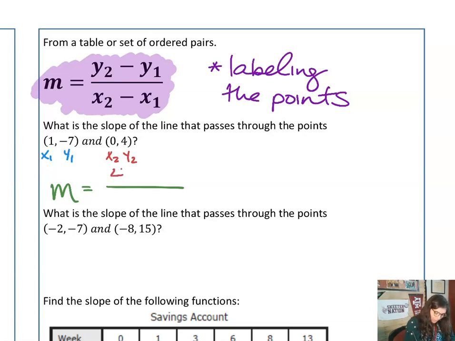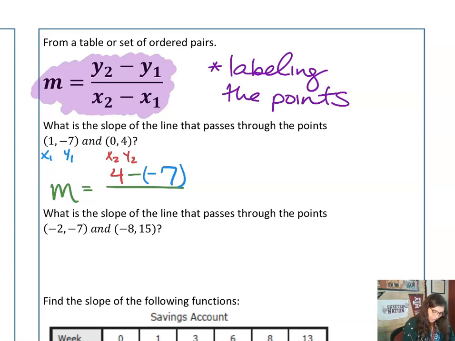We need y2 minus y1. Do you see how I've taken the number that I labeled y2 and put it where y2 goes? Then I put a subtraction sign because that's in the formula. Then I took the number that's labeled y1 and I put it behind. If the double negative bothers you, it bothers me. You can put the second number in parentheses.